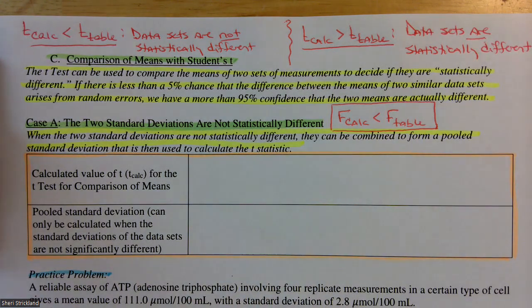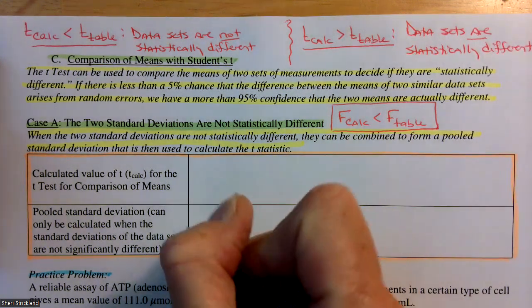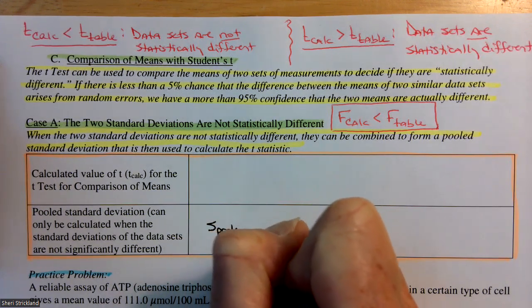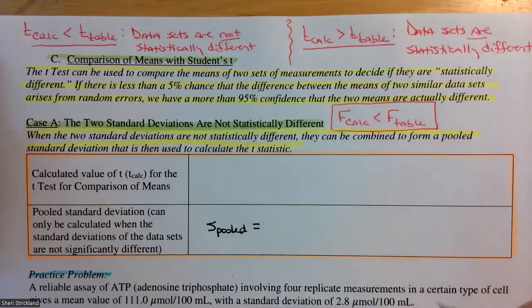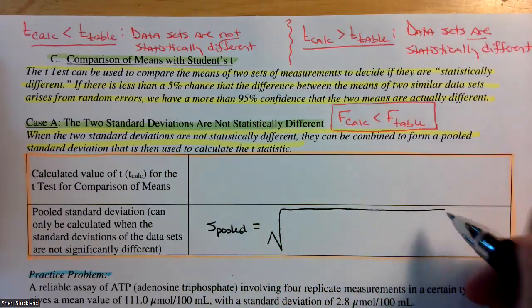When the two standard deviations are not statistically different, they can be combined to form a pooled standard deviation. Then the pooled standard deviation is used to calculate the t-statistic. A pooled standard deviation has an equation that looks like this. Big square root symbol.